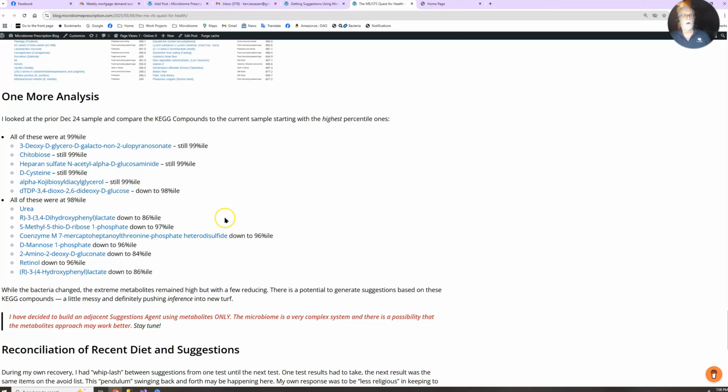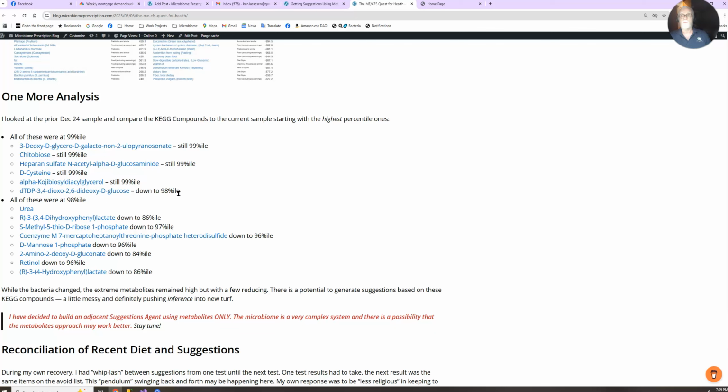What I did was look at the estimates of the metabolites being produced. I looked at the top ones, 99%, and then 98%. His last test was 99. And guess what? That one was still 99. I went through all the ones which were 99. All of them were the same. Only one actually went down.